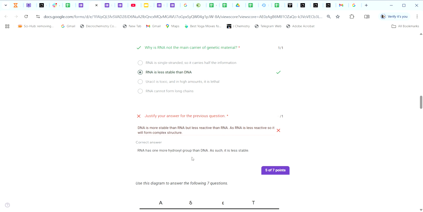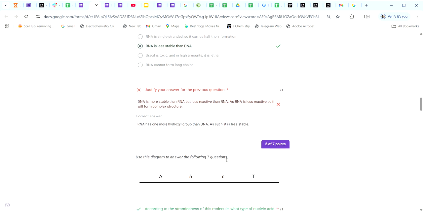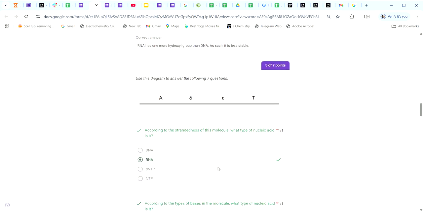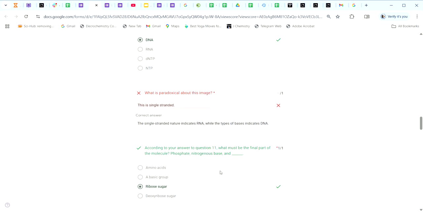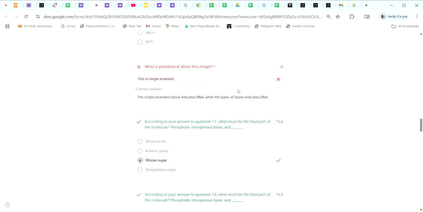One more hydroxyl than DNA, so it is less stable. This single stranded nature indicates RNA, while the type of bases indicates DNA. It is quite correct, this actually.